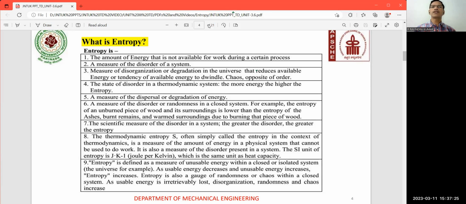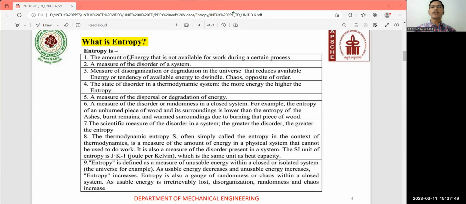So what is entropy? Entropy is the amount of energy that is not available for work during a certain process. We have just discussed that when you apply the second law of thermodynamics to a process, entropy comes into the picture. There are various ways of understanding entropy, and there is no standard format. The physical understanding of entropy is very important.